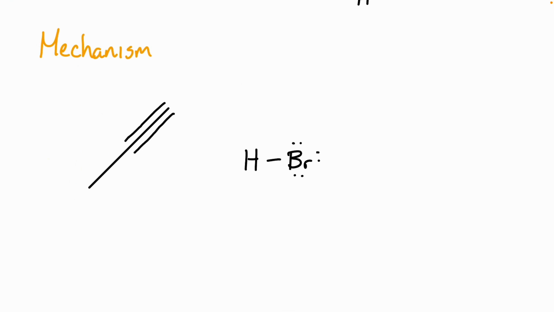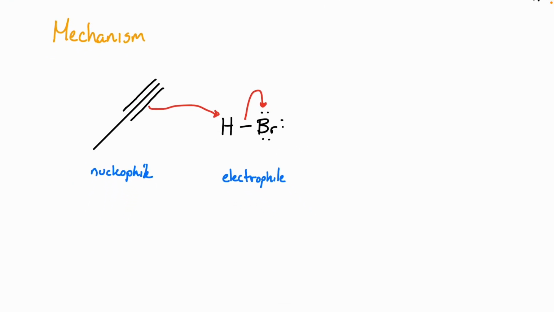That pi bond that's involved, does that do the attacking or does that get attacked? Do I start my arrow here or do I end my arrow at that pi bond? I start it, which means that this alkyne, just like we saw with alkenes, is our nucleophile. HBr, and explicitly that hydrogen, is going to be our electrophile. All right, take a second and draw me what the intermediate is.